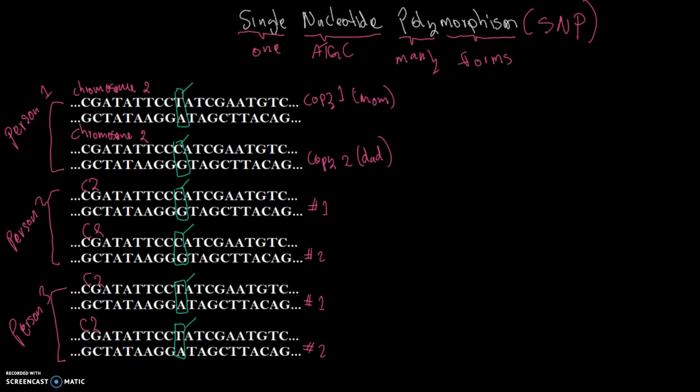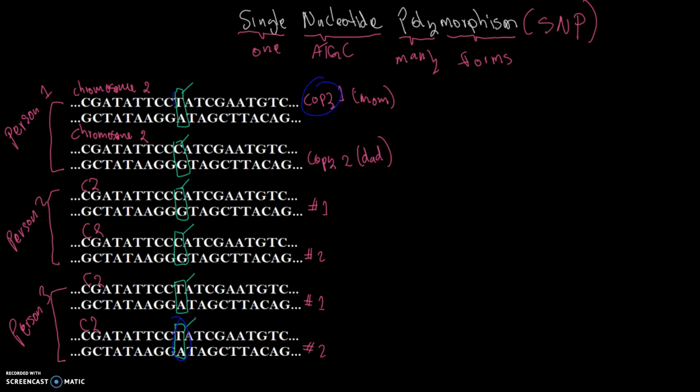So now you can clearly see a variation among these 3 individuals. And this variation is of one single nucleotide base, as in individual 1 having AT base pair here on the chromosome copy 1 instead of GC base pair. And individual 3 exhibits AT base pair on copy number 2 of chromosome 2 instead of GC base pair.